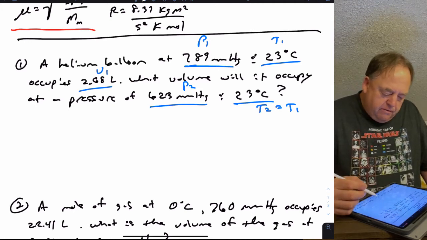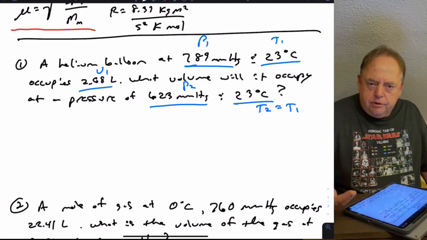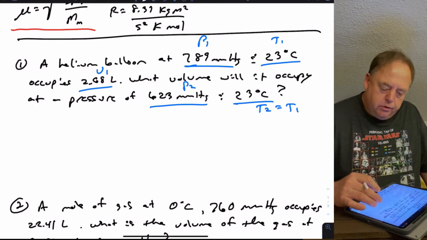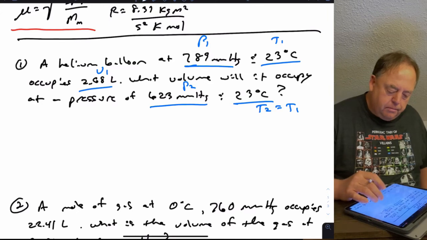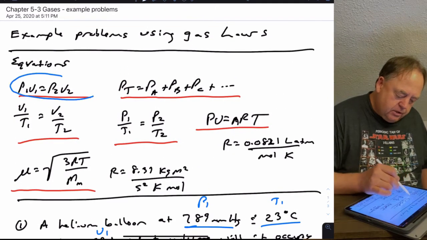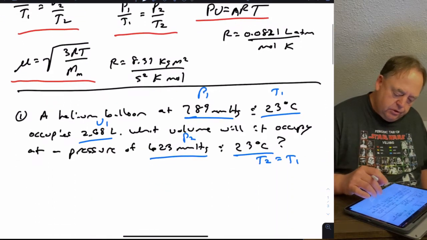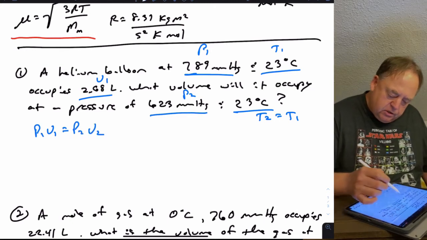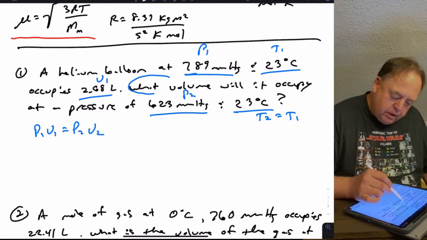So basically you're given pressure and volume, and temperature is constant, so you don't necessarily need it in this problem. So what equation relates pressure and volume? That's going to be Boyle's law. So you just need P1V1 equals P2V2.